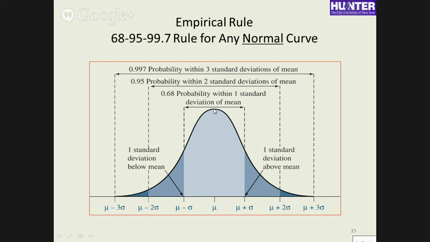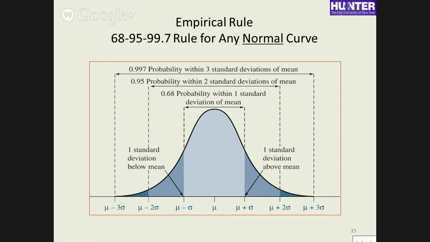So starting from the mean, if we go to plus or minus 1 standard deviation, that contains 68% of the probability, or 0.68 out of 1. Going to plus or minus 2 standard deviations, we get up to 95% or 0.95 probability. And going to plus or minus 3, we've got 99.7 or 0.997 probability.